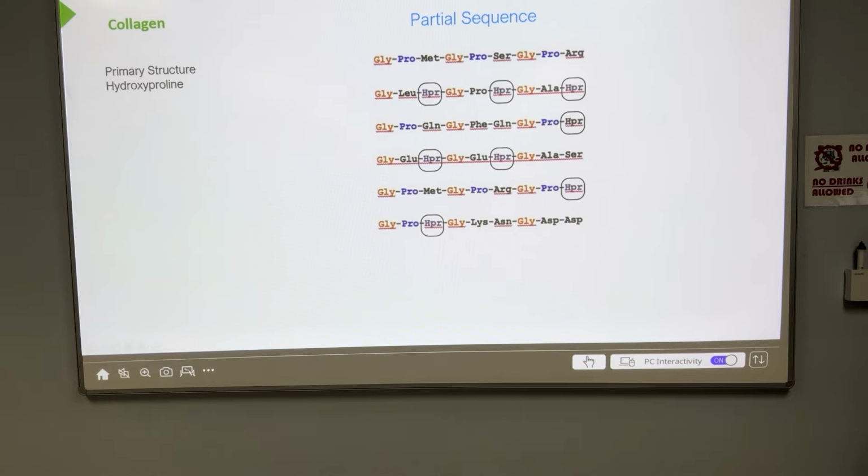Okay. Alrighty. So if you look at hydroxyproline, what should you expect? If I show you an image of a protein that has a hydroxyproline on it, you should immediately deduce what? Proline is a ring between the R group and the amino group. We talked about that in the last PowerPoint. You have the R group and the amino group, and both of them are attached with a ring.